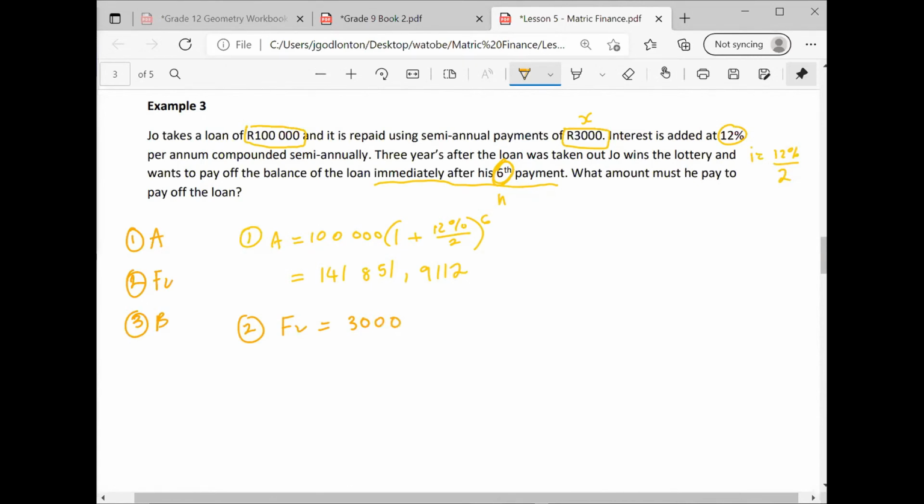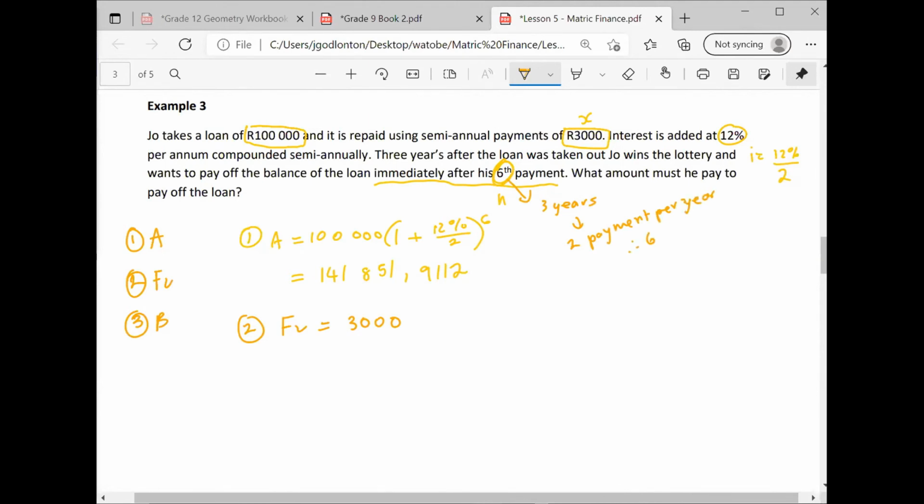I have a question, ma'am. By N, how do we know when to times it by 2 or not? Yeah, when to times it by 2 or 12 or whatever. It's a good question. If they said here that he wanted to know what it would be after 3 years, for example, then I have to think, well, he's making 2 payments per year, and so it would therefore be 6 payments.